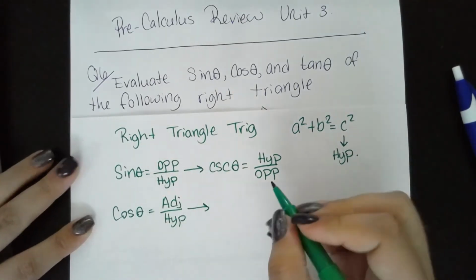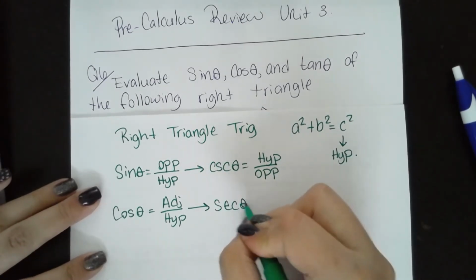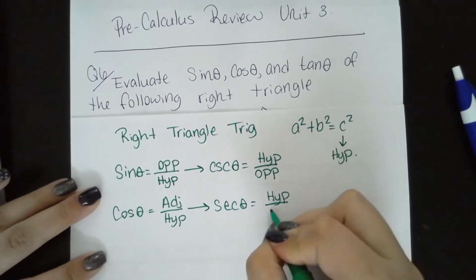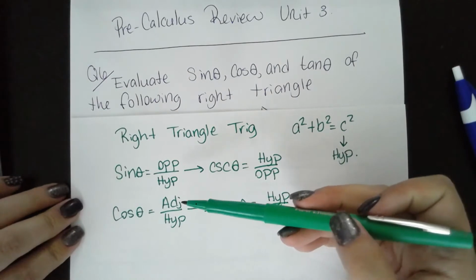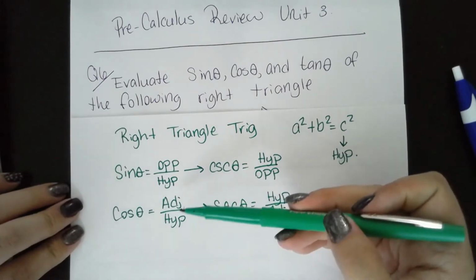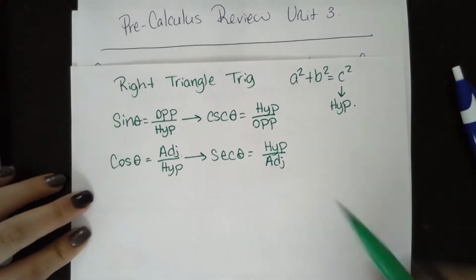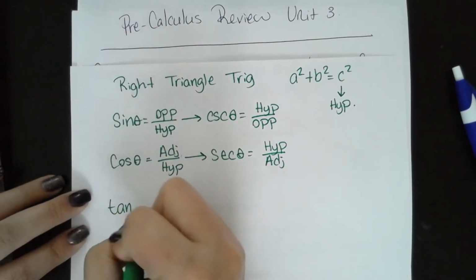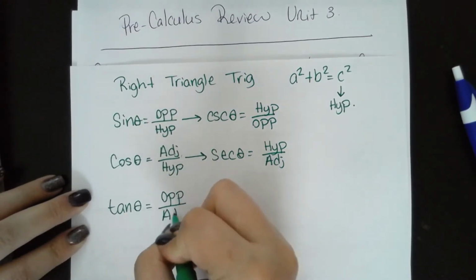And I would say let's look at secant theta, which is hypotenuse over adjacent. Reminder, for the reciprocal functions, you are just flipping the fraction of cosine for secant. Now we have tangent and cotangent. Tangent of theta is opposite over adjacent.